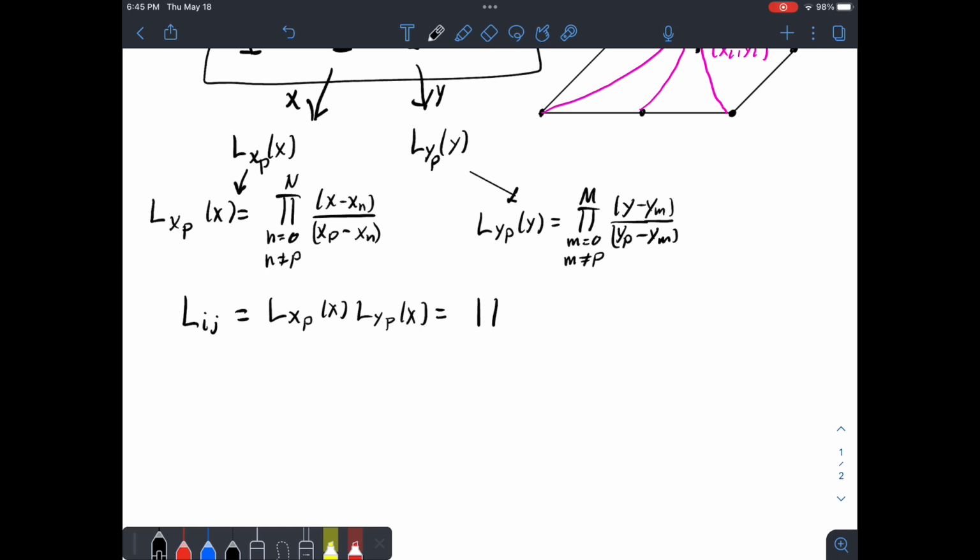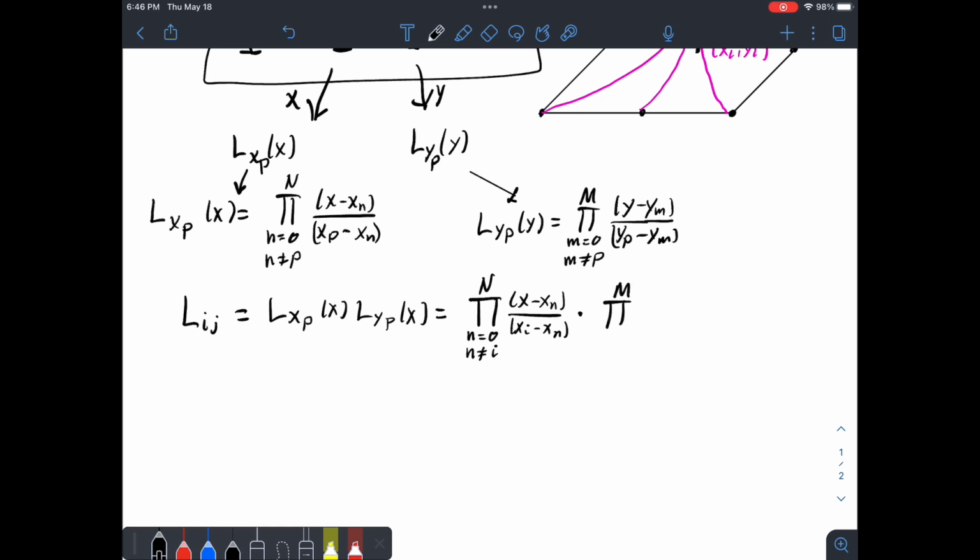So we're going to have the Lx, n not equal to i, x minus xn over xi minus xn, right, times the other one.